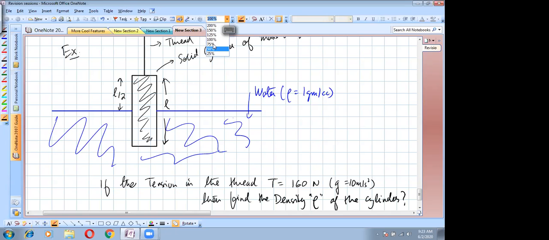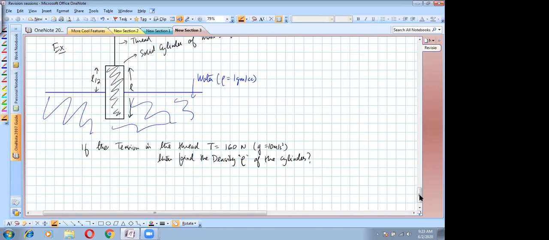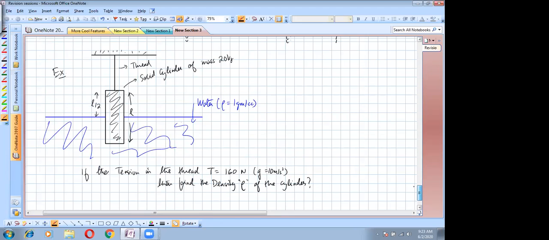Alright, so very direct JEE Mains type of problem. You have to find out the density of the material of the cylinder given this situation.